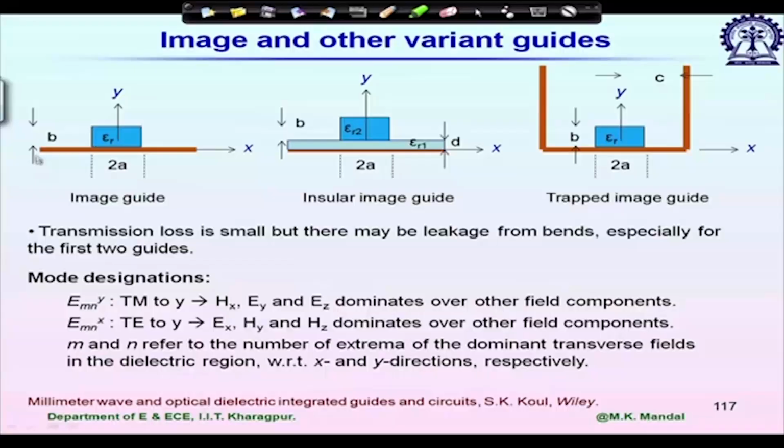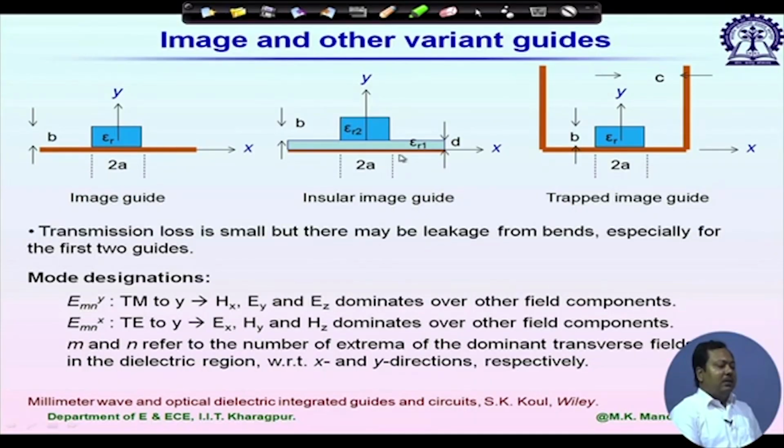Here are some examples. The first one is called the image guide. You can see one dielectric channel sitting on a metal plane which is used as the ground. In the second example, we have two different layers of dielectric.